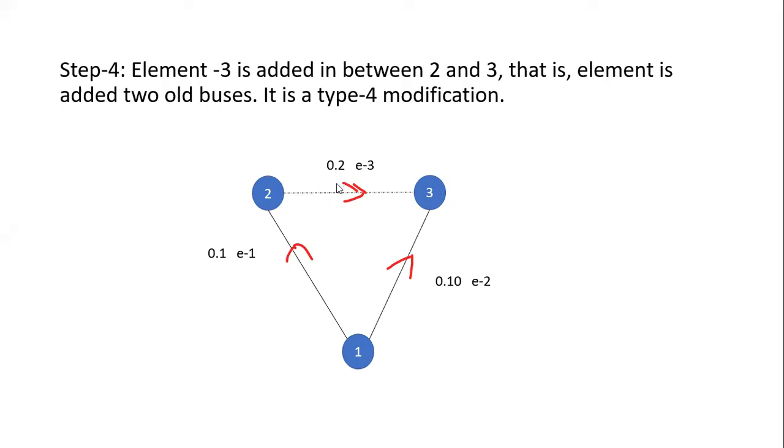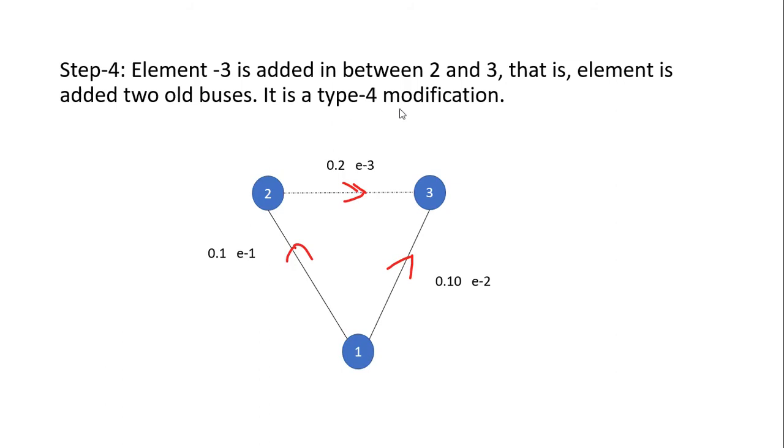Element 3 will be added in between two old buses. If the element is added in between two old buses, then this type of modification is known as the type 4 modification.